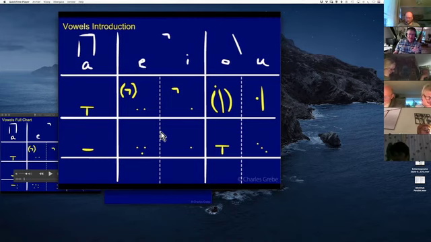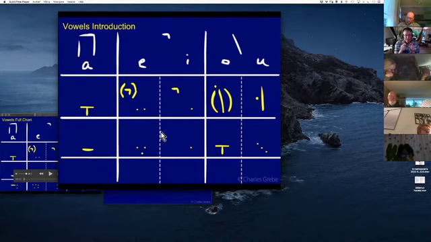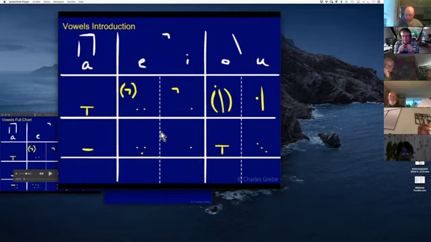The E sound is long in been or day, or ben or bet. So it's 2 dots is long, 3 dots is short. The I sound, machine or hit, has no distinction. The I sound long has a yud with it, and the I sound without a yud is short.